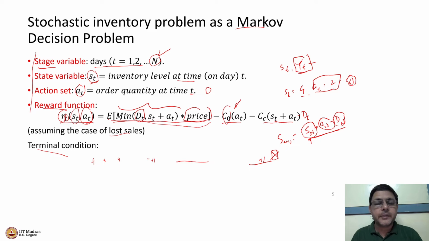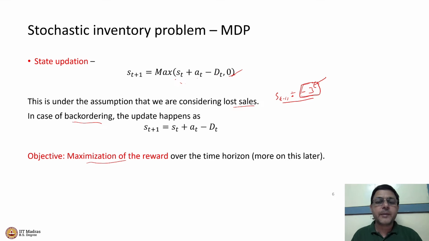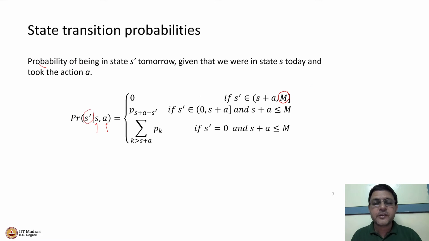So there cannot be a situation that my S prime is more than M. Can't happen because S prime can only be up to M. Therefore the probability transition values will be governed with this M, right?